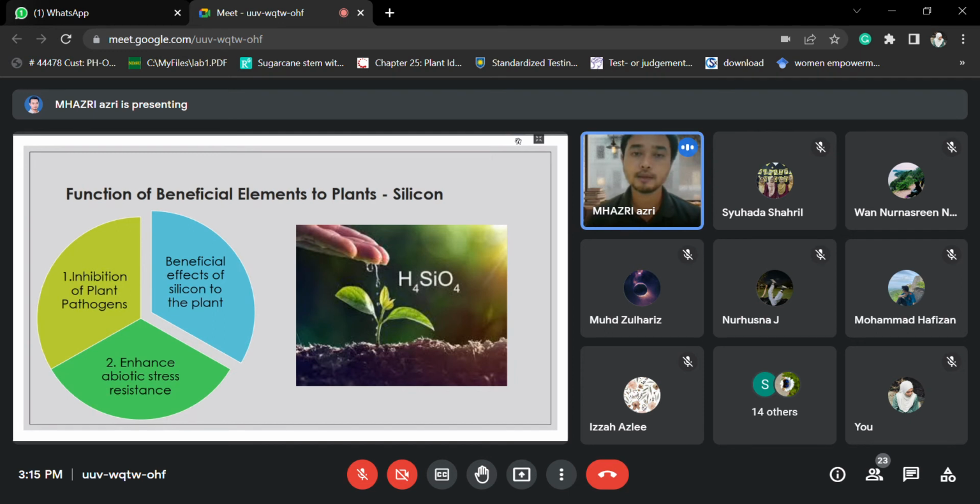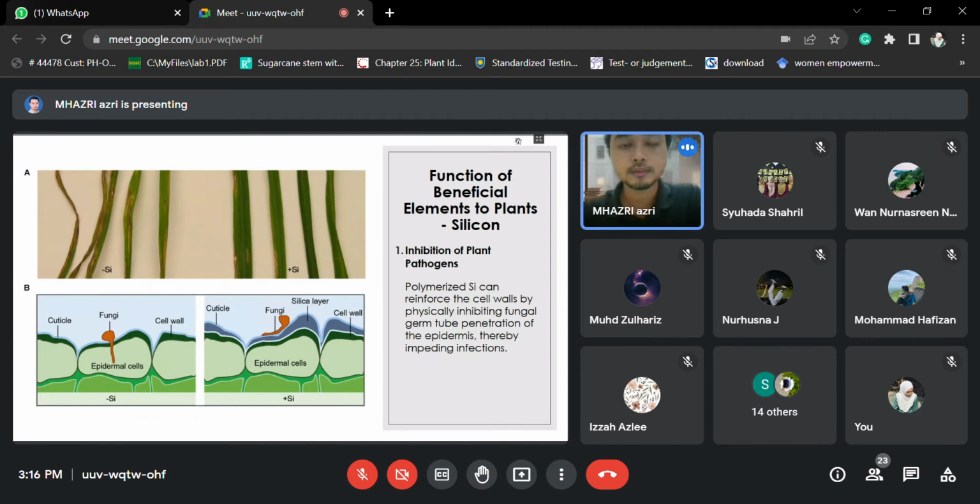Okay, abiotic means stress that is caused by environmental factor. Okay, kalau biotic from living organisms, so pathogens. Abiotic from environmental factor. So how can silicon enhance plant resistance towards pathogen infections?